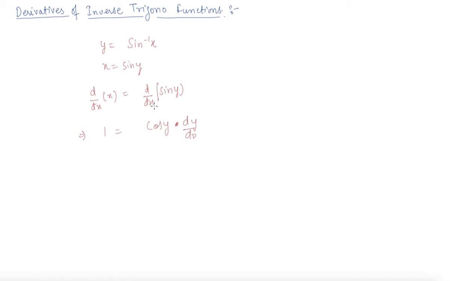If I differentiate sine y using the chain rule, what I will get is dy by dx into cos y. Now I can write dy by dx is equal to 1 by cos y, where y is sine inverse x.